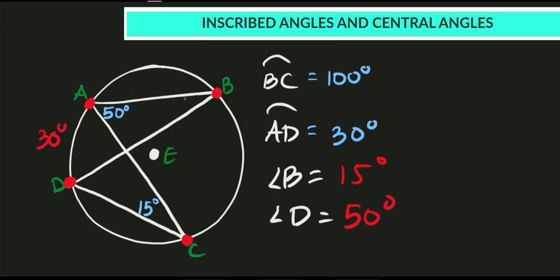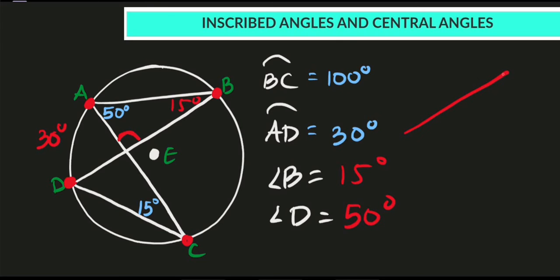Angle B is 15 degrees, so this part is 15 degrees. Let's try to solve for this part. If angle B is 15 and angle A is 50, what will be the possible value of this angle? If we draw the figure formed, that is actually a triangle.